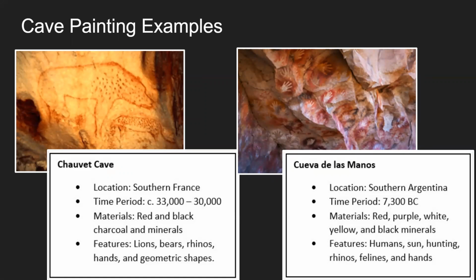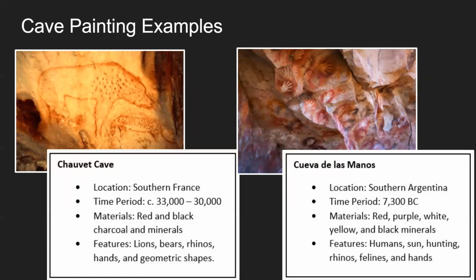So they probably didn't have as much diverse resources in that area, so they used what they had available to make their cave paintings. And in that case, for their animals, it depends on region, they had lions, bears, rhinos. They used their hands again, and geometric shapes.